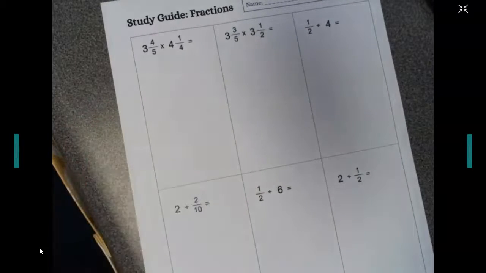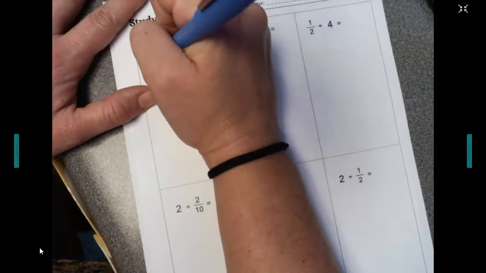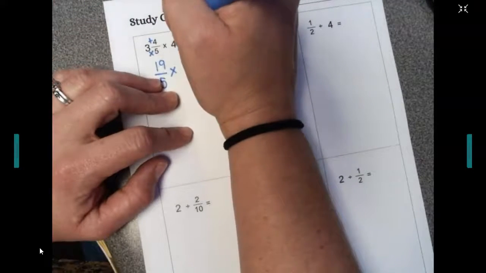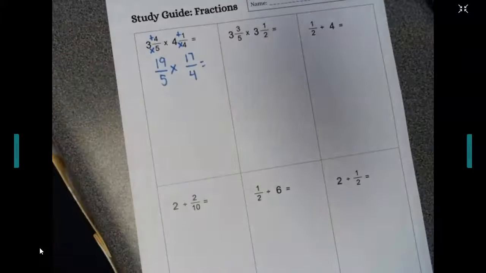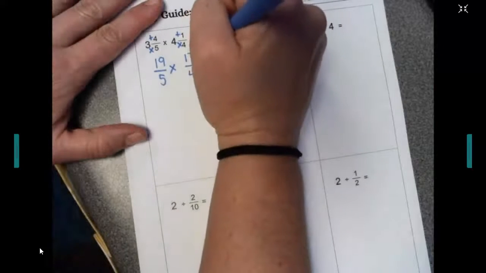Okay, mixed numbers. We have to change into an improper fraction. So we're going to multiply and add. 3 times 5 is 15, plus 4 is 19 over 5, times 4 times 4 is 16, plus 1 is 17 over 4. And we cannot cross cancel on that one. And when I do 19 times 17, I get 323.